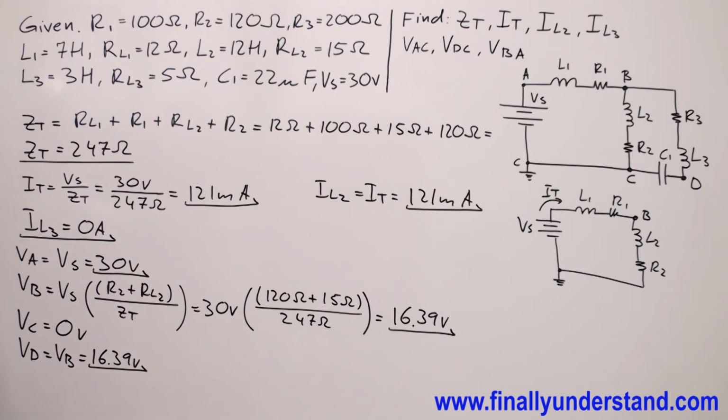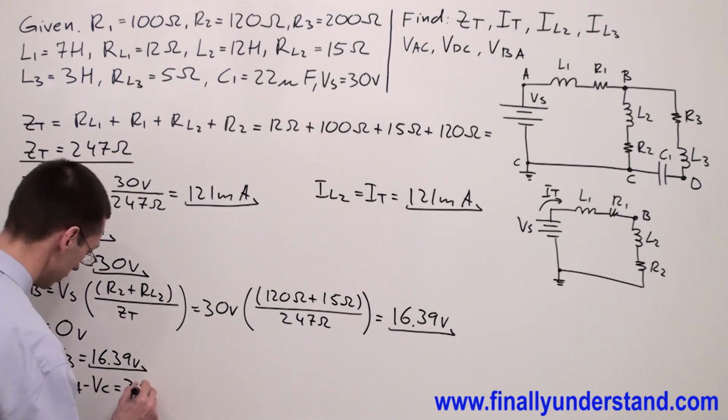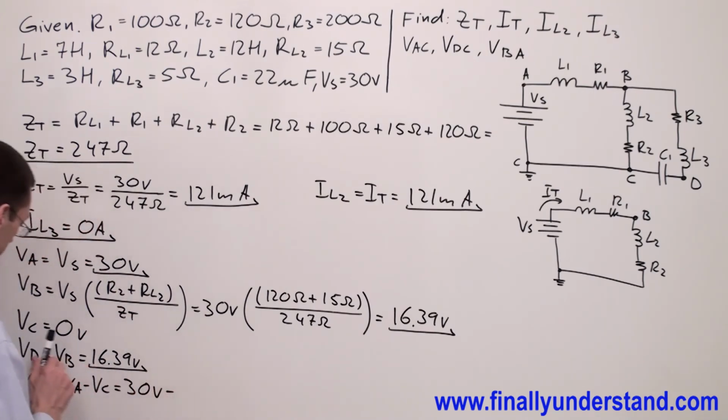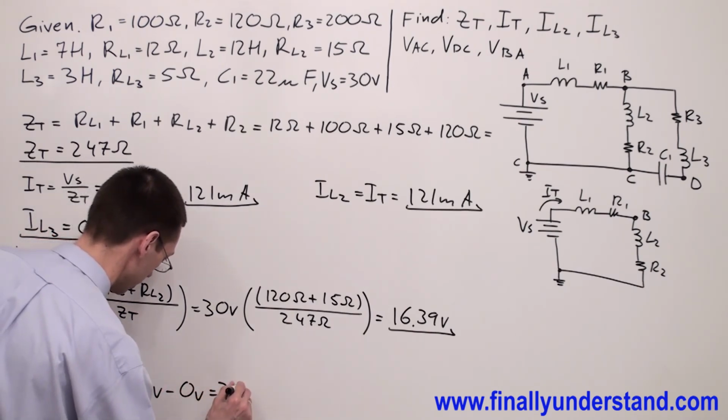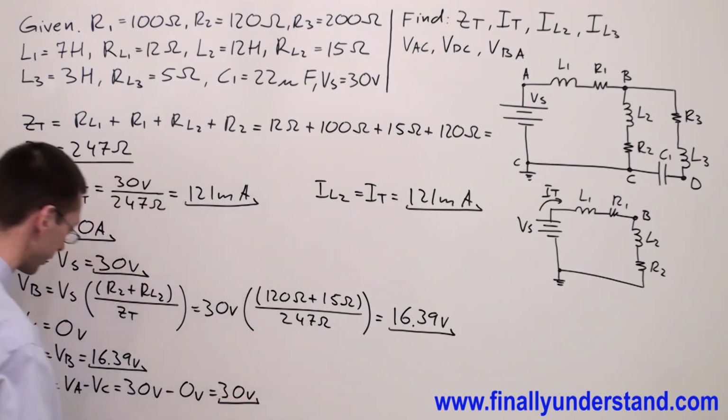Now, if you want to find VAC, VAC is equal to VA minus VC, where VA is equal to 30 volts, VC is equal to 0 volts, so this is equal to 30 volts.